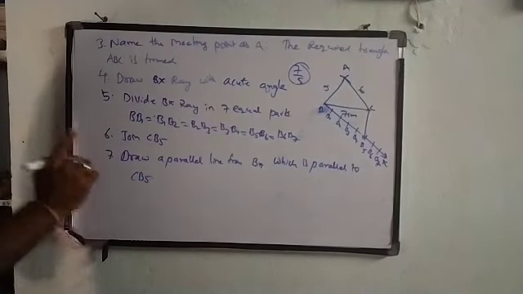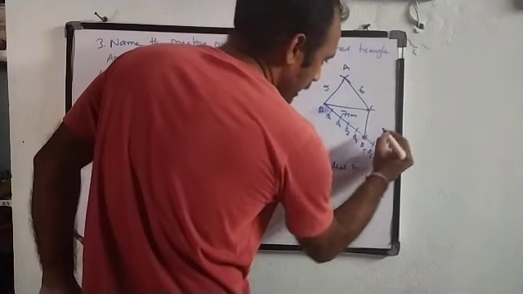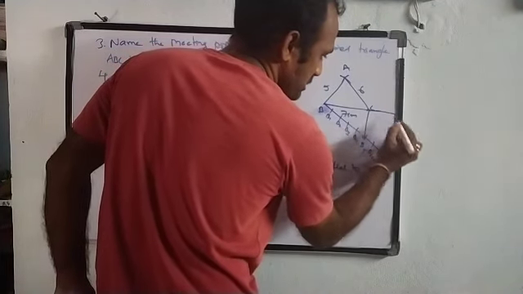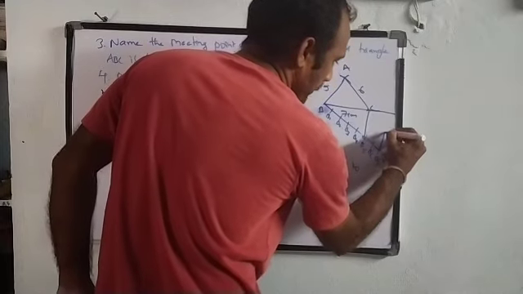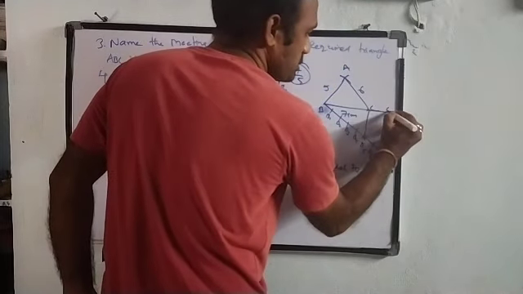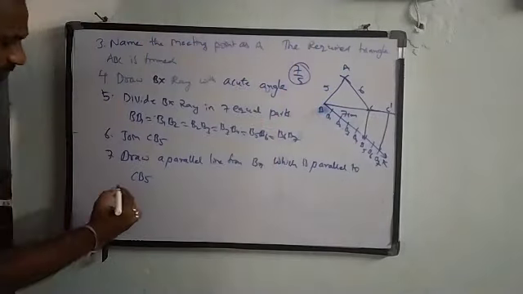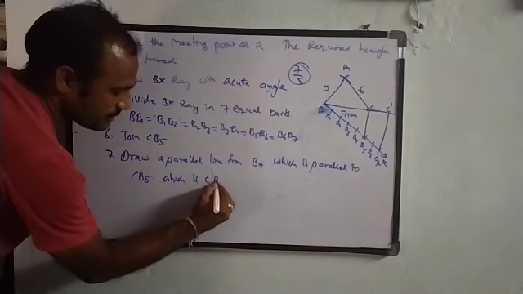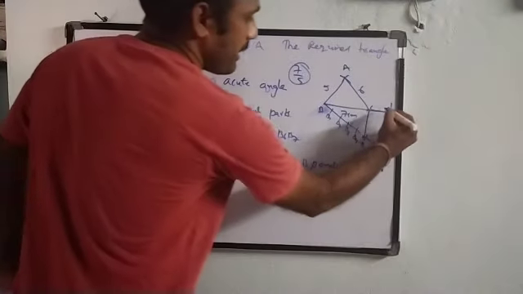So we need to draw a parallel line from B7. If I want to draw a parallel line, I definitely need to extend this line. So I am extending this line. Now I can draw a parallel line in this way. So this is called C dash B7, which is the parallel line.